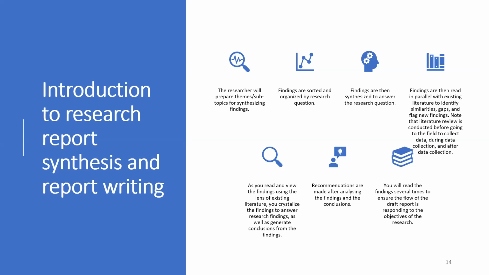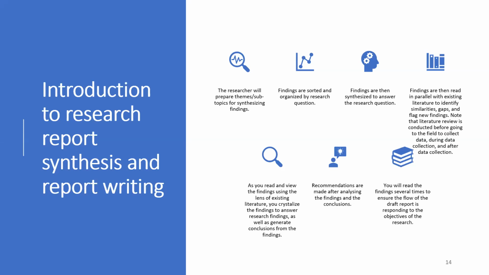Always remember, you have to look at the research questions and look at the objectives so that it is easier for you to come up with a report. Findings are then read parallel with the existing literature to identify similarities, gaps, and flag new findings. So if you found something in the field, have people found that before? Is it available in the literature, or is it a completely new finding?